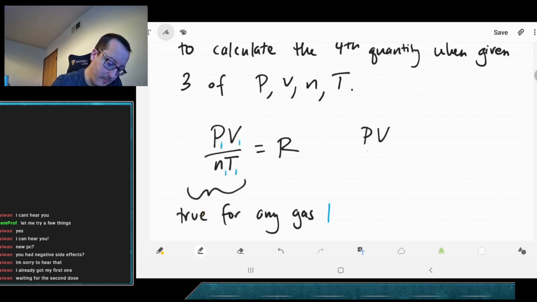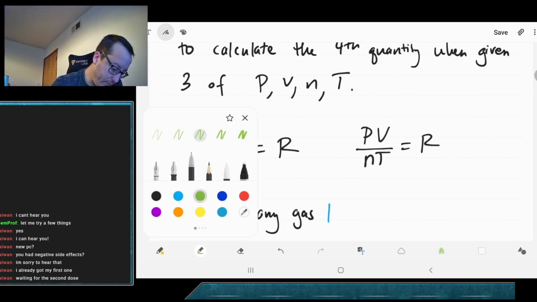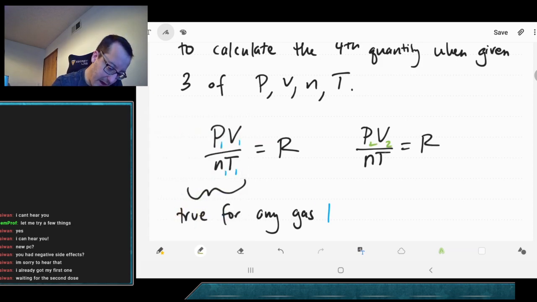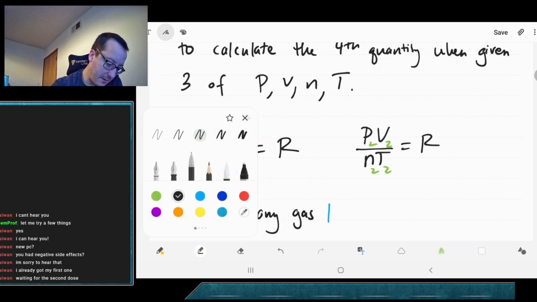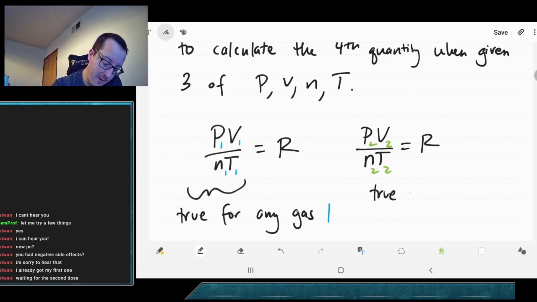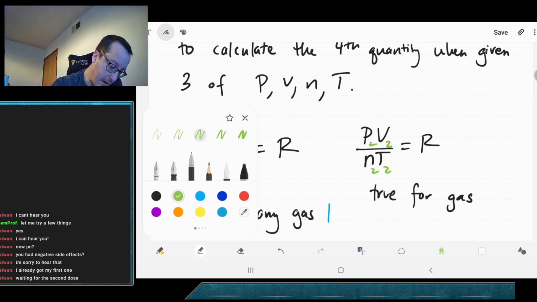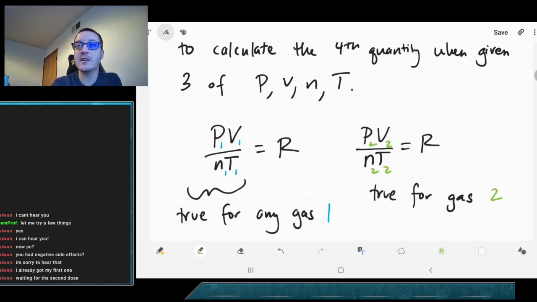But we also know that for gas 2, or sample 2, those will also be equal to R, right? So this is also true for gas 2. Could be the same gas, just under different conditions.